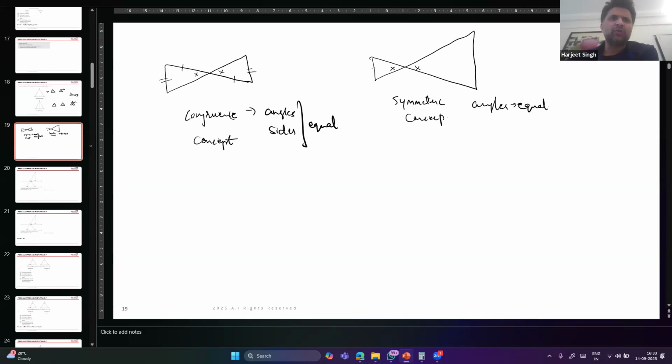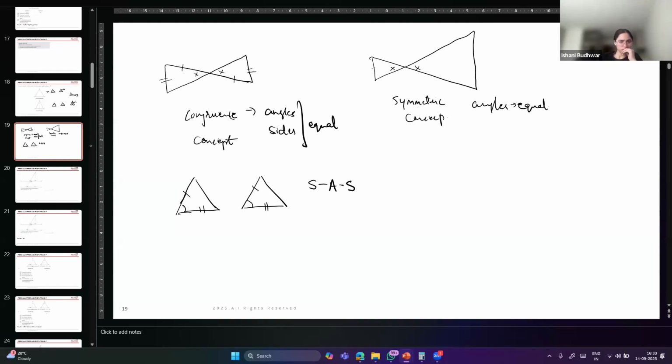So an example of two congruent triangles is this. Where this side is equal to this side is equal to this, and the angles are equal. This is a congruence which is called SAS, side angle side.